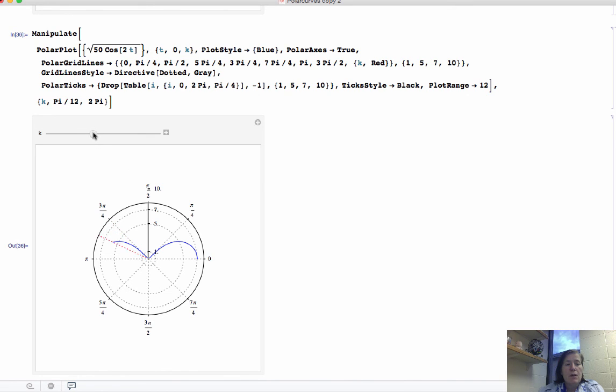And so the graph picks up again when r is positive. Again, it disappears when the angle theta is between 5 pi over 4 and 7 pi over 4, because in this case r doesn't exist. We don't have the square root of a negative number, and this graph picks up again between 7 pi over 4 and 2 pi. So this graph gives us basically a graph of infinity.